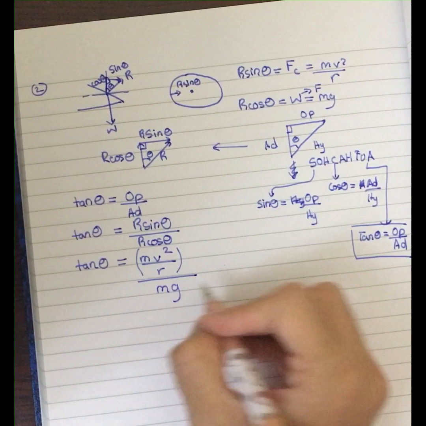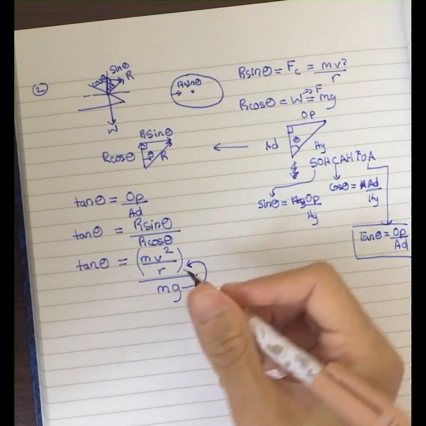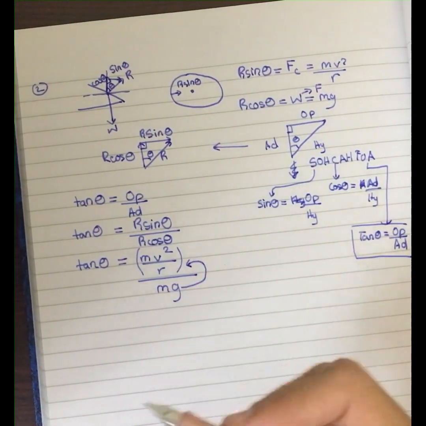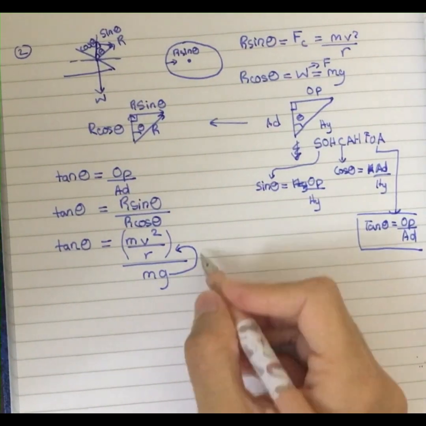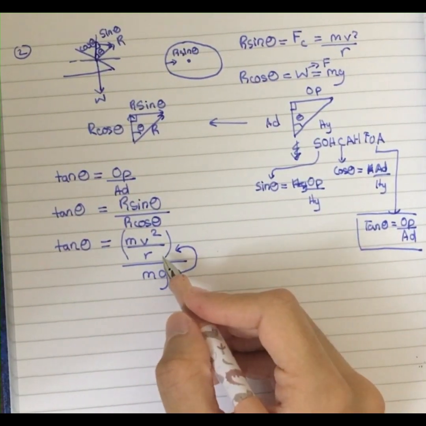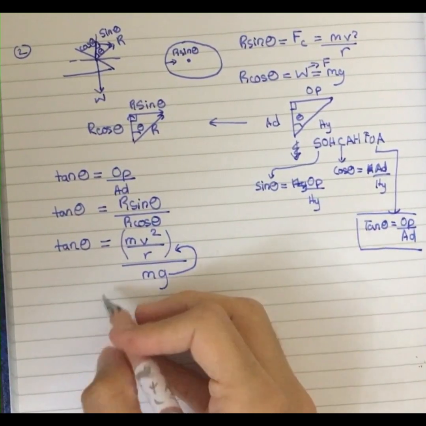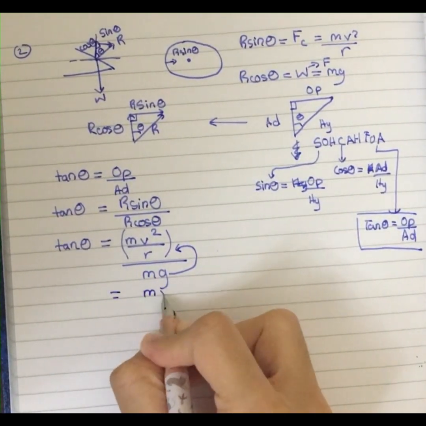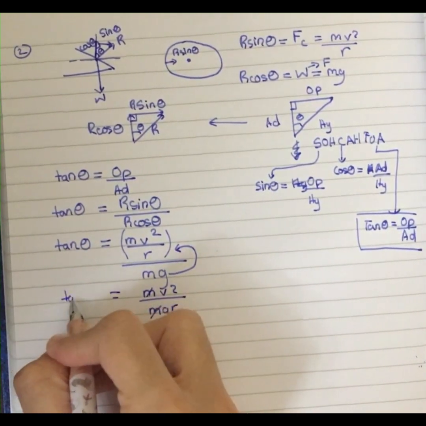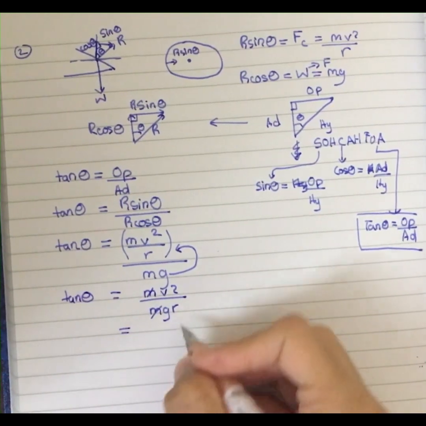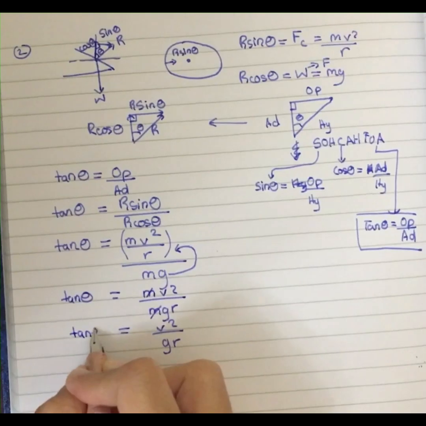Now as we know the reciprocal rule, this mg goes to the denominator of the fraction, so it's going to be mv squared by mgr. Now we can cancel these two out, so we are left with v squared by gr.